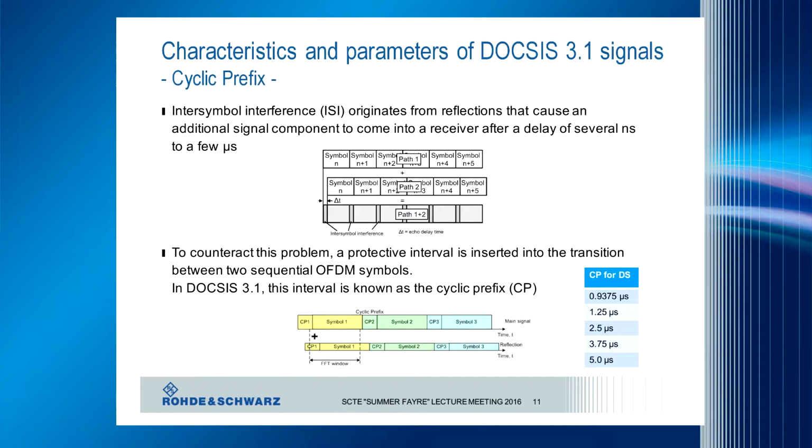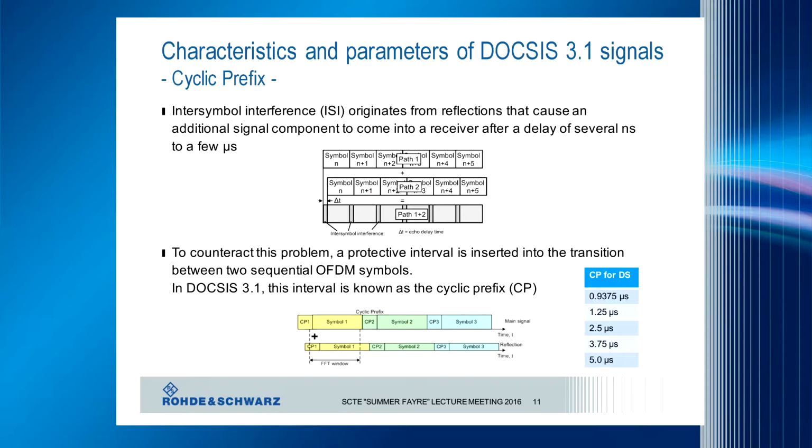The trick is done in this way: from the symbols, a certain part will be copied and moved to the beginning of the symbols. In this way, we have defined a certain range of time where the receiver can do something by a correlation. That means it can compensate a certain amount of echoes. For the cyclic prefix, in the standard, we have several possibilities.